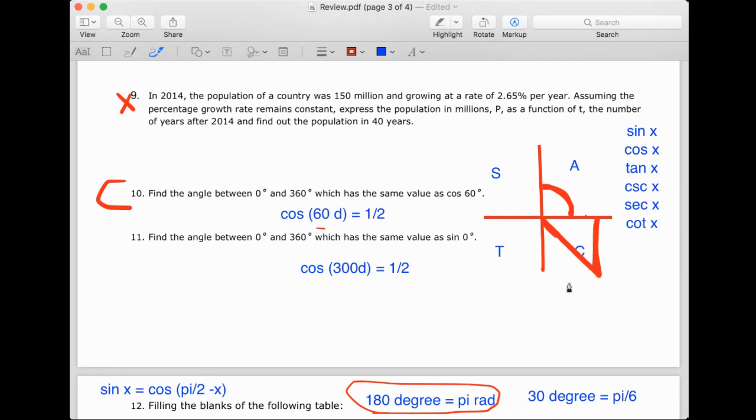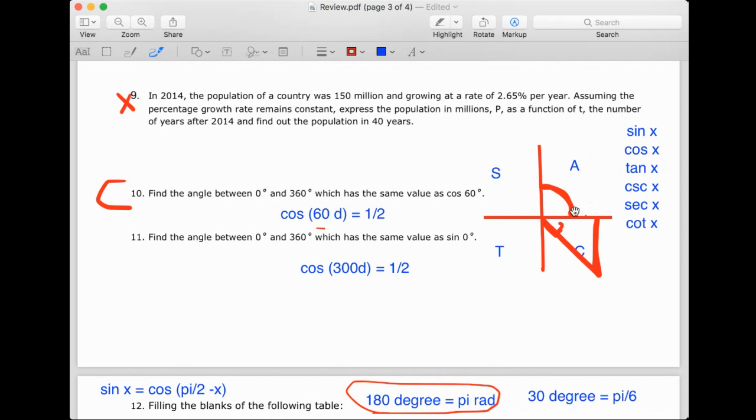Look at this triangle. Each quadrant will form a triangle. Our reference angle is this one, and we know this reference angle is 60. But that's a reference angle inside this triangle. What's the real angle? The real angle we always measure counterclockwise.